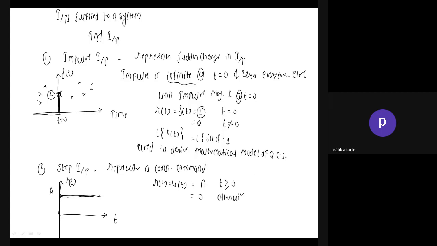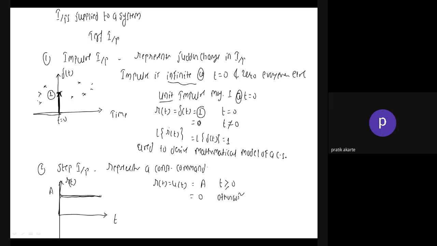But for the sake of understanding, to represent it on the graph, we will be taking the magnitude of this impulse input as 1, and that's why we will be calling this a unit impulse response.